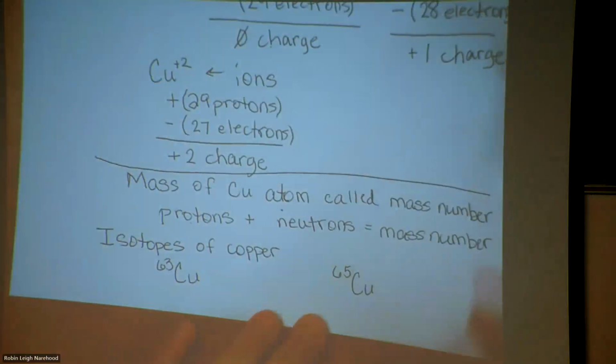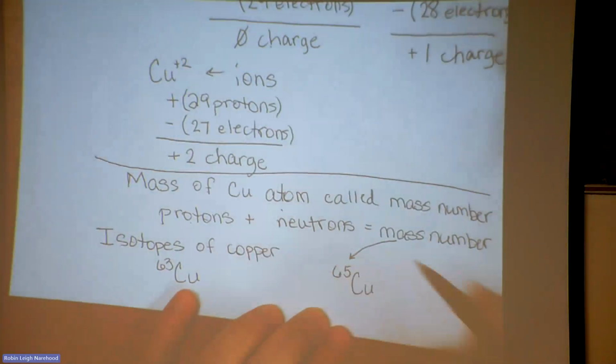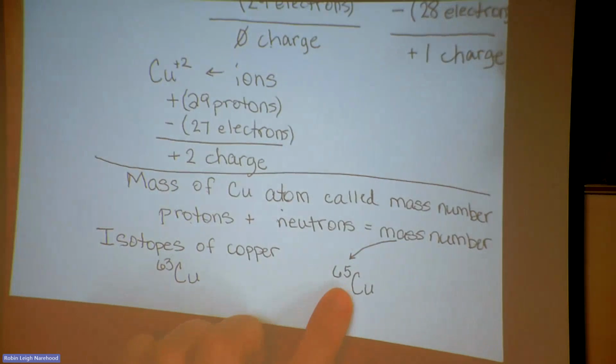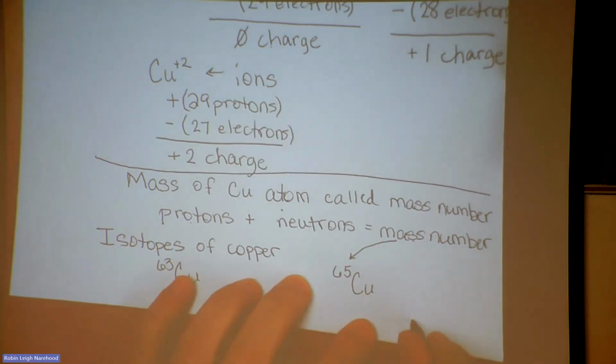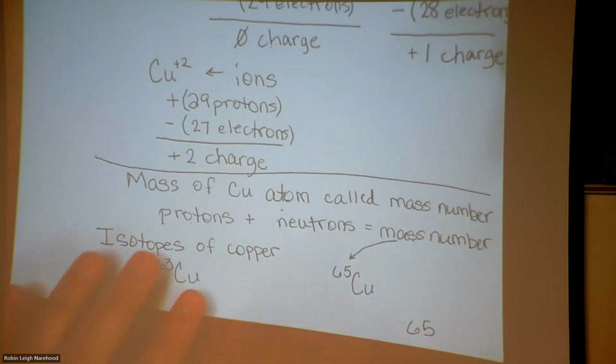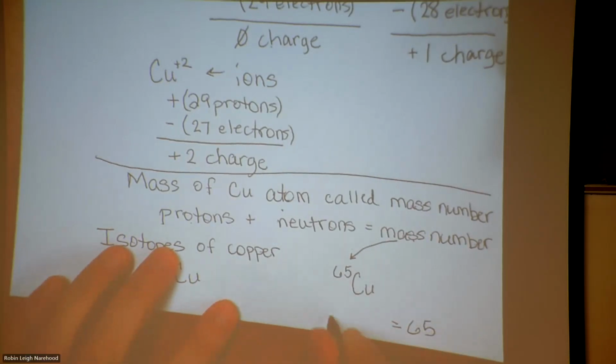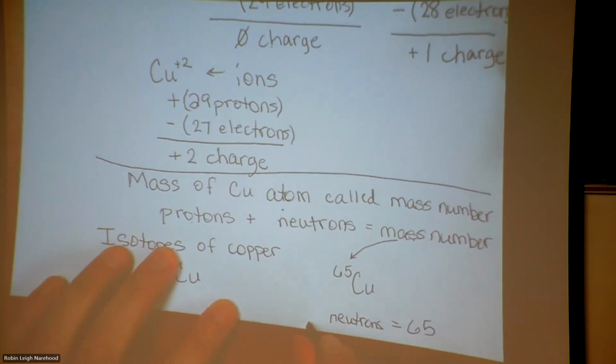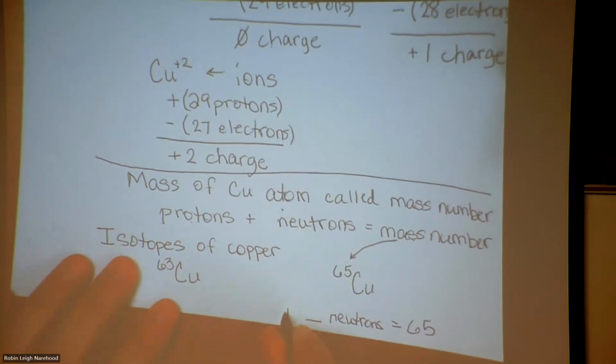So if the mass is 65, then what would my formula be? Well, if my mass is 65, will be our neutrons, however many that is, plus how many protons? 29.